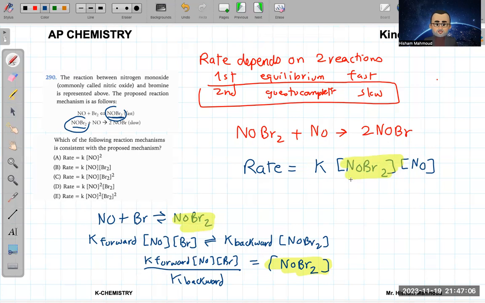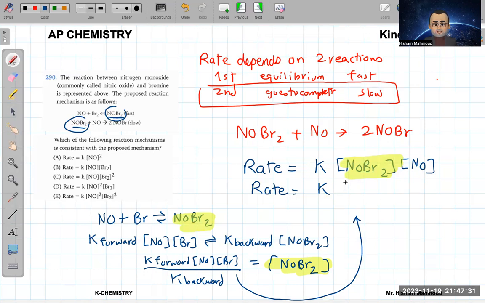Now I will go back to my main equation. It's equal to rate K. Mister, I cannot use the K concentration here only. Why? Because this is only the slow step. It's still involved here. So remove this one and bring this one instead. It will be K.